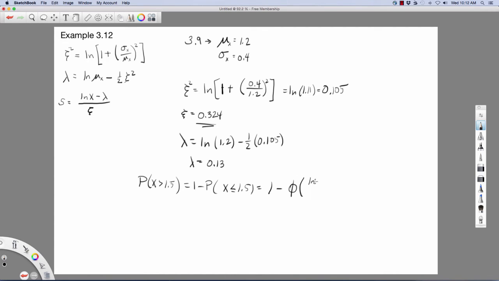So we say the natural log of 1.5, that's our x, minus 0.13, that is our lambda, and we divide that by the zeta parameter, which is 0.324, and this gives us 1 minus the CDF function of 0.85, and when we use our tables, we find that that is 1 minus 0.8023, and this all comes down to 0.198.